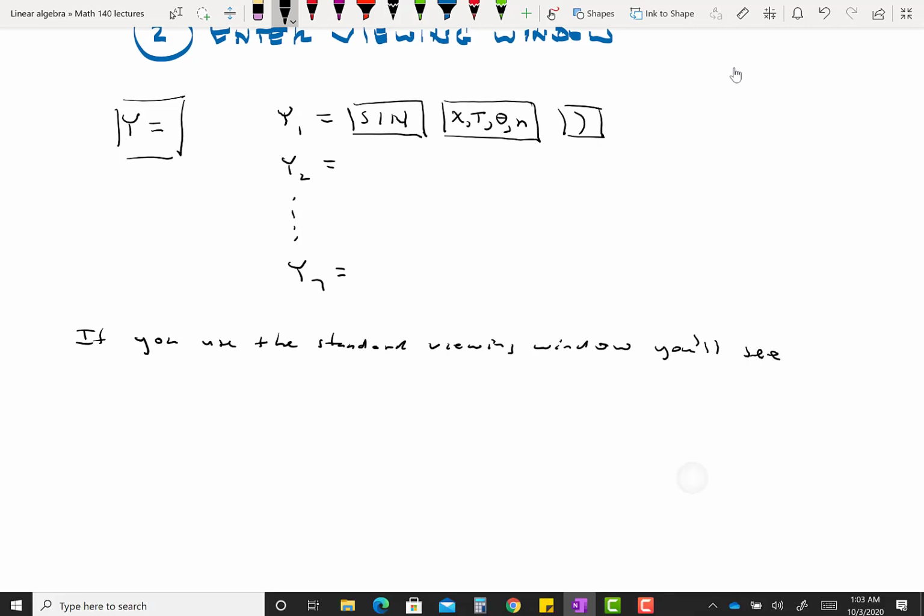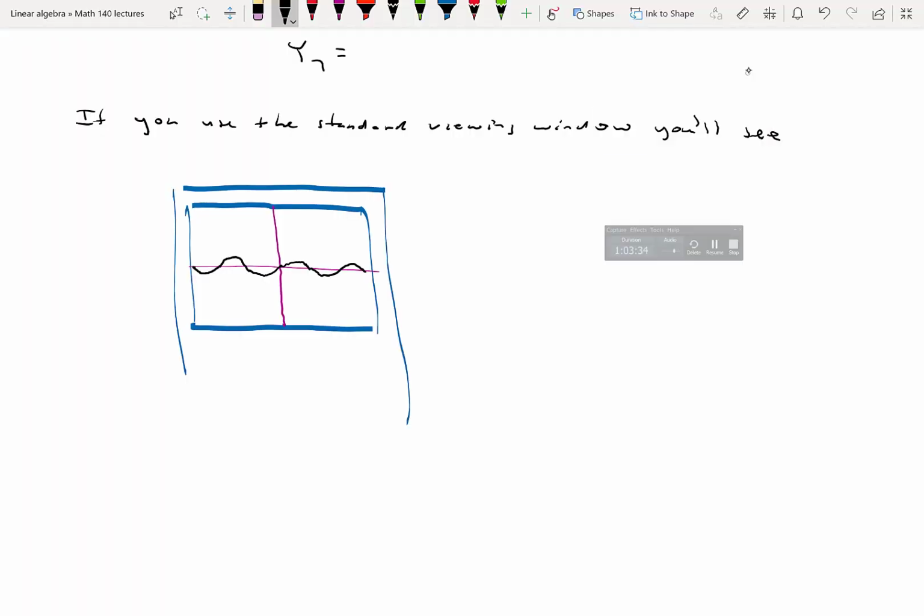You'll see this. This is considered a very, very poor graph.